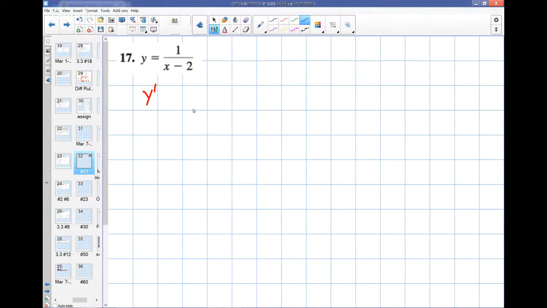So this has got to be the quotient rule, right? So the denominator times the derivative of the numerator, which is, the numerator is a constant, so that's going to be a 0, minus the numerator times the derivative of the denominator. Well, easy derivative in the denominator, all over the denominator squared.